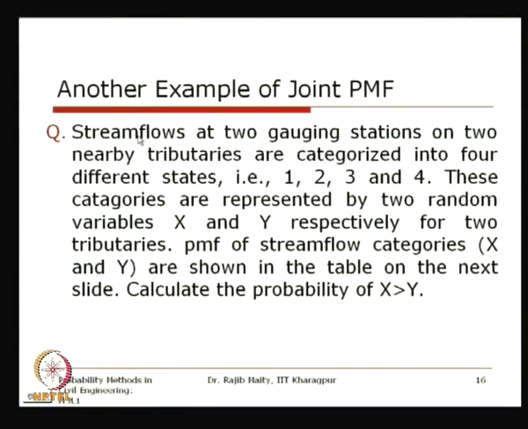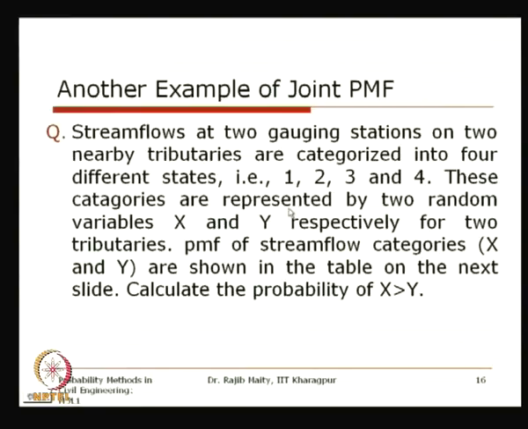Once we categorize the stream flow in this way, it becomes a discrete random variable. Here, the stream flow at two gauging stations on two nearby tributaries is categorized into 4 different states, that is 1, 2, 3, 4, for both tributaries.